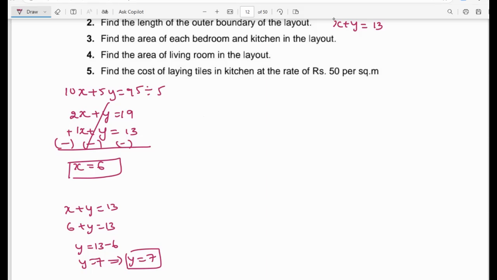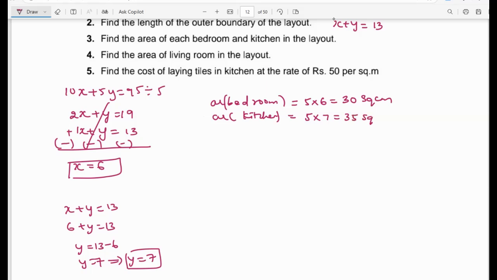Area of bedroom is 5 into x, that is 6. 5 sixes are 30. So each bedroom is 30 square centimeter. Then area of kitchen was 5 into y, was 7. 5 sevens are 35 square centimeter. So area of a bedroom is 30 square centimeter and area of kitchen is 35 square centimeter.